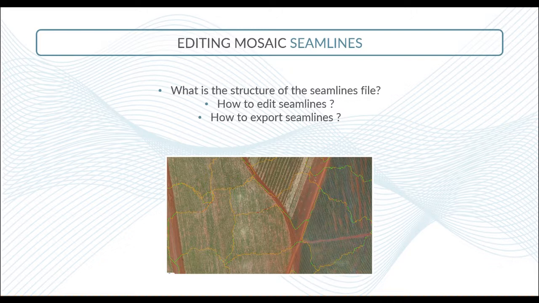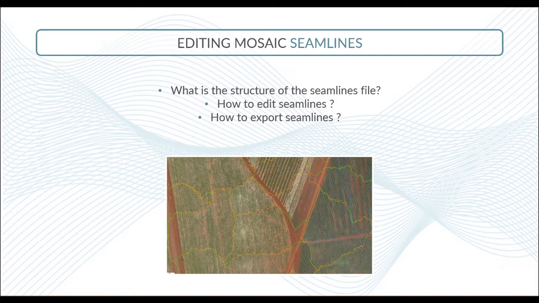Another thing that will be good to validate, and this is a very great tool in Correlator3D, is that you can edit the mosaic seam lines. So first, a few words about the structure of these seam line files.